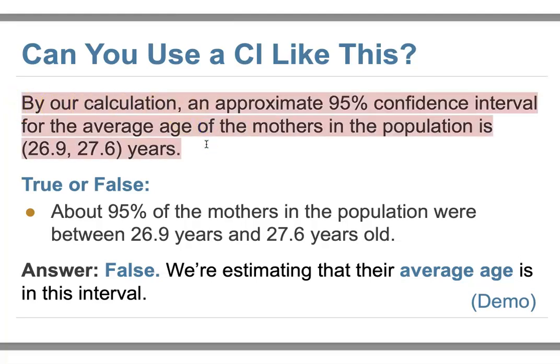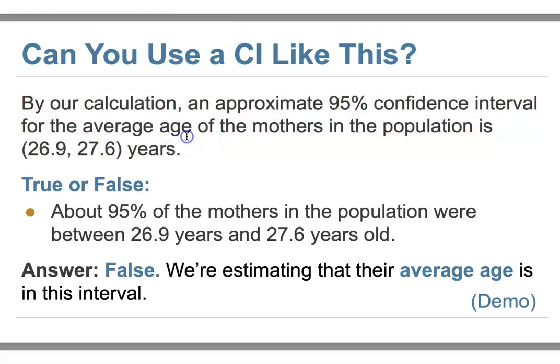We told you we got an approximate 95% confidence interval for the population, that the average age of the moms in the population is in this interval, in this range. So we have 95% confidence the population average will fall in here.